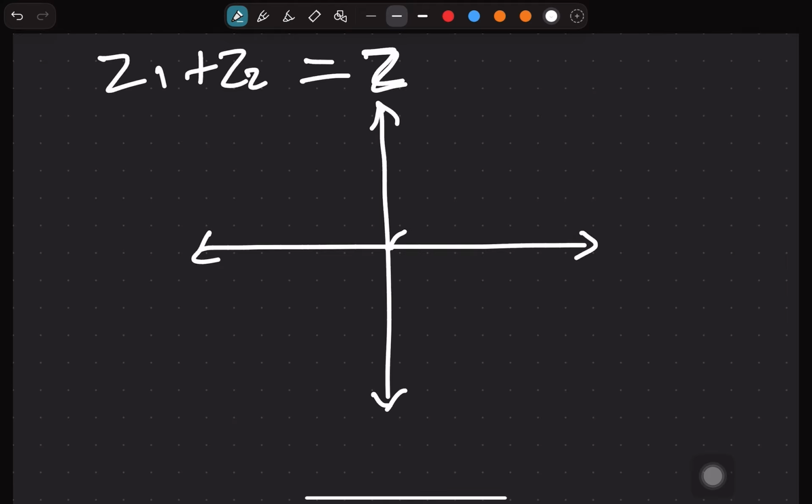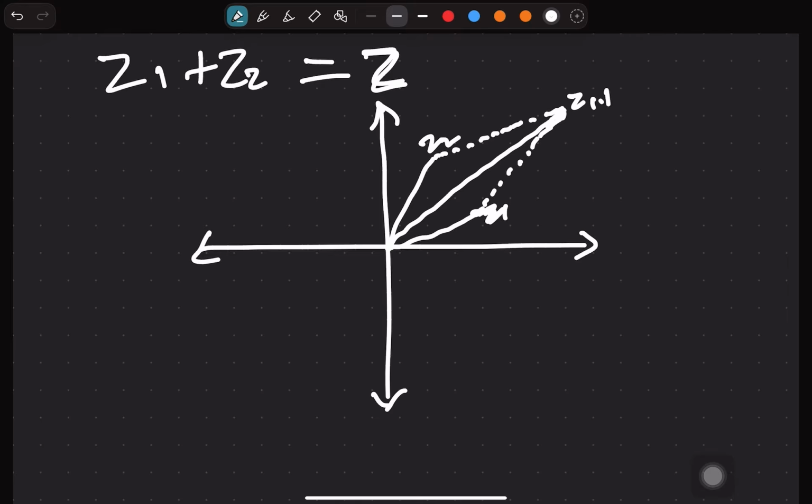So let's say this is our result, then we have this and that. So this is z1 and this is z2, and this over here gives us z1 plus z2, which is the z we are calling over here.